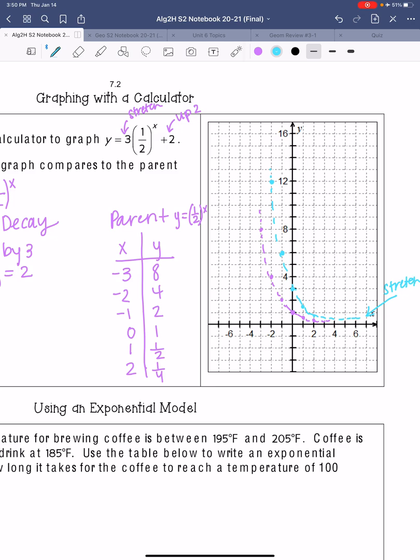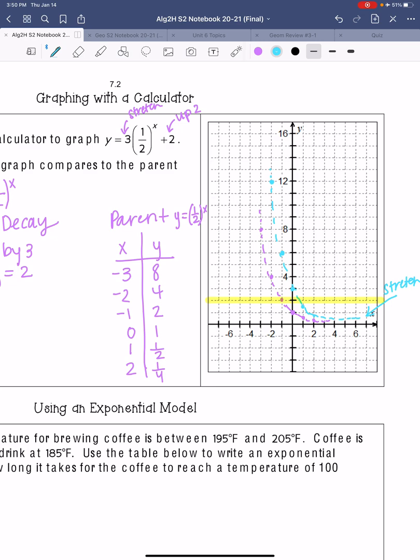All right, so now the final thing I'm going to do is take it all and shift it up 2. So I'm just going to take this blue guy, move it all up 2. When I do this, that also means my asymptote is going to move up 2. So here's my asymptote. It's going to approach y equals 2. And we're going to take all these points and move them up 2.